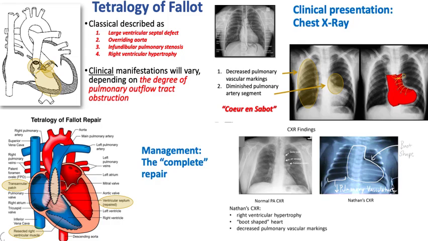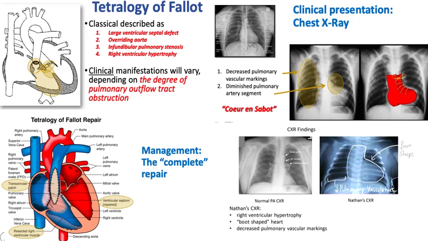So with all these features, when an X-ray is being taken, this is a normal X-ray. So when an X-ray of a tetralogy of Fallot person is taken, there is hypertrophy of the right ventricle that will be seen, and the overriding of the aorta that can be seen, which gives the heart a boot-shaped structure.